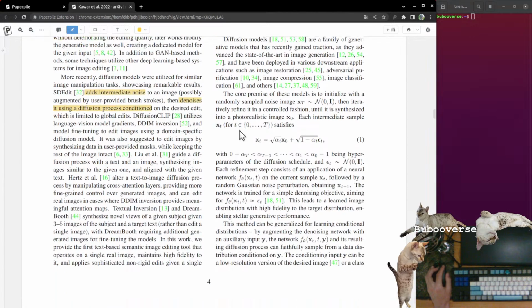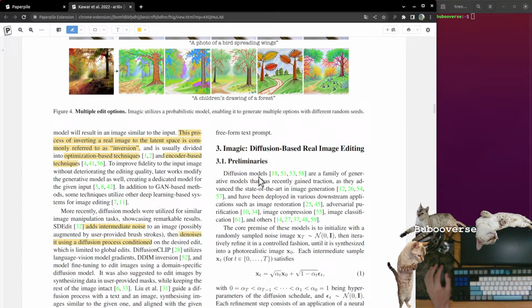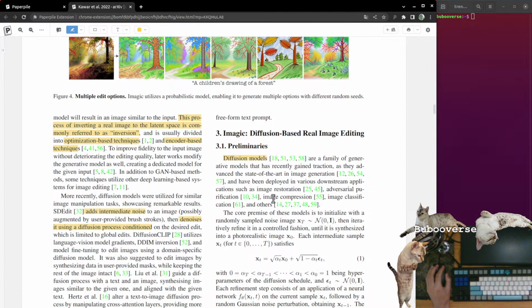All right, more example, a deeper dive here into what diffusion models themselves are. Good old diffusion models. I guess they're not old, they're relatively new. Yeah, the core premise of these models is to initialize with a randomly sampled noise image, right? So you start with just a bunch of noise.